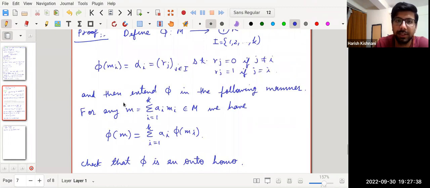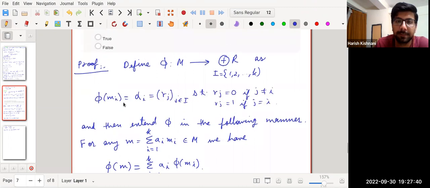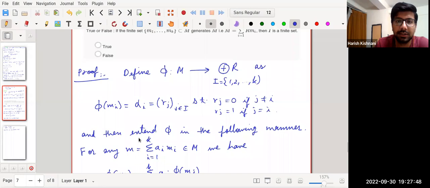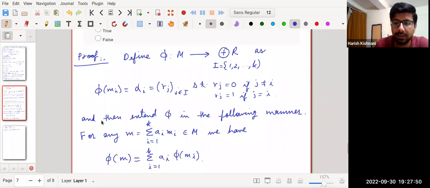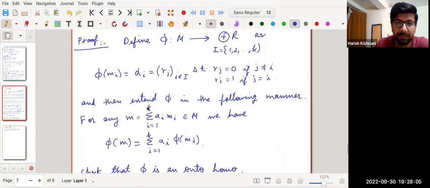This phi won't be well defined. We can't extend it in this manner. See, the problem here is for mi you can define a unique element rj, but this sum is not unique.